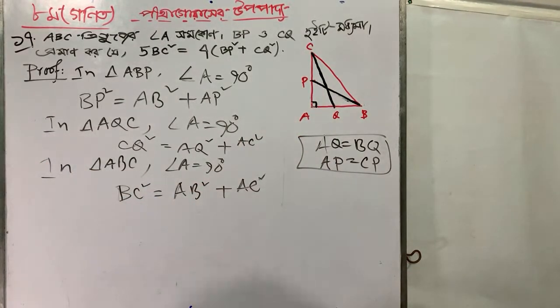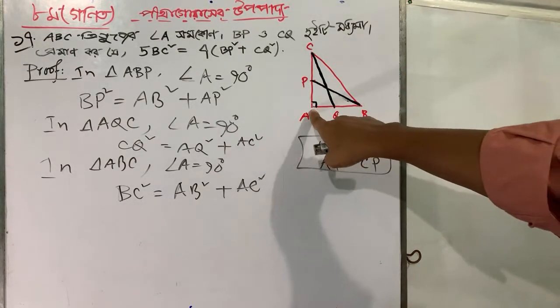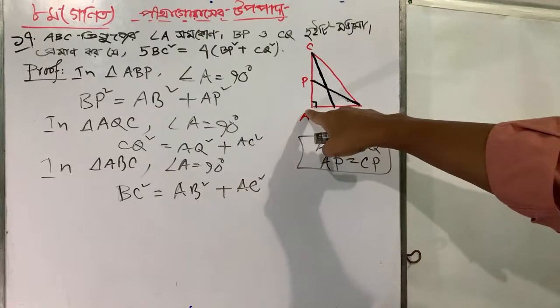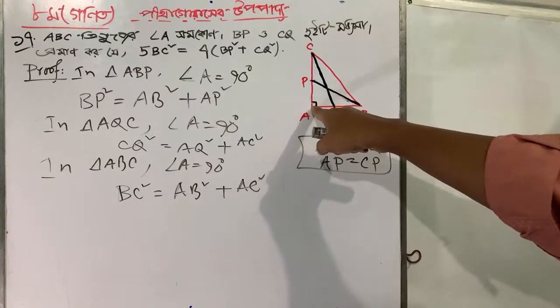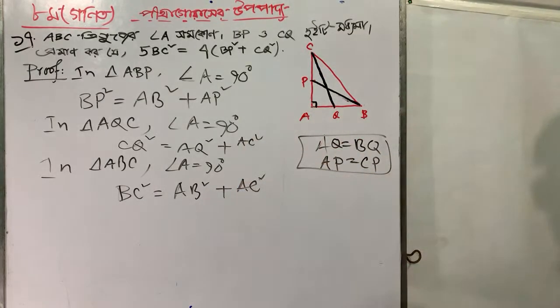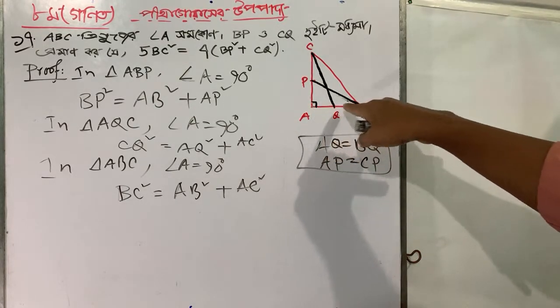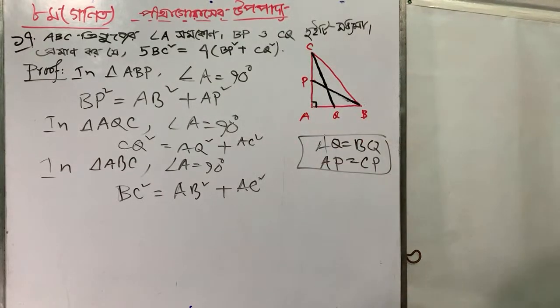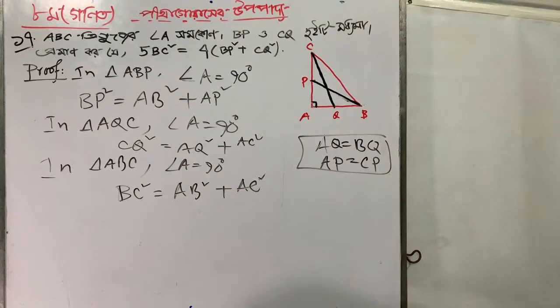So first things first, let me give you a brief of what I have done here. I took the first right angle triangle, which is ABP, and I used the Pythagorean theorem. Then I took AQC, another right angle triangle. I used the Pythagorean theorem again. And then in right angle triangle ABC, we have used the Pythagorean theorem once again.